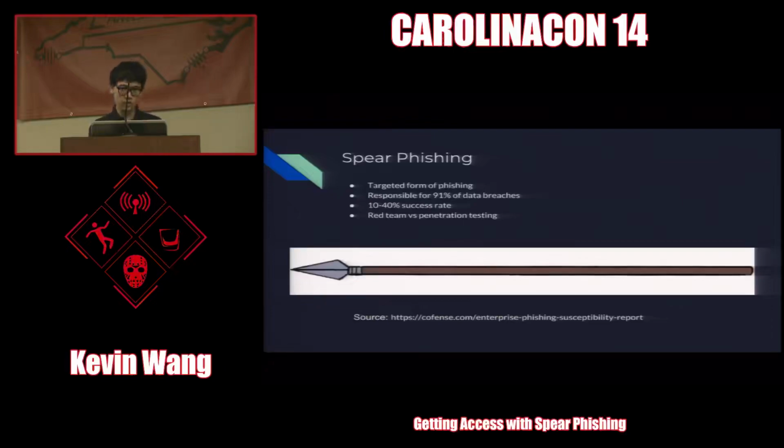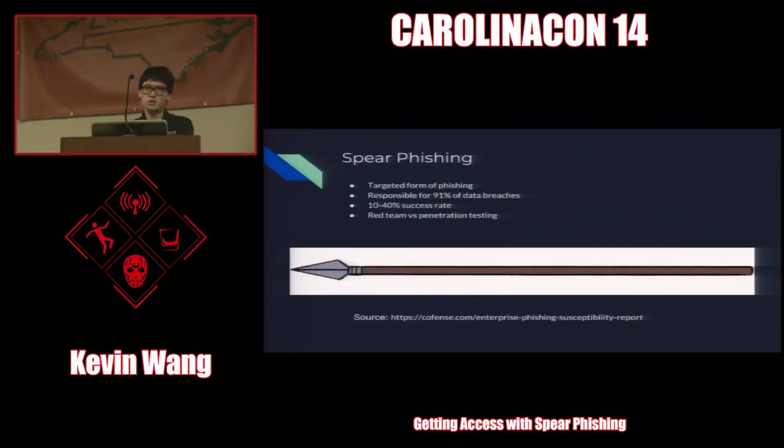Generally, even among a trained staff, people report a 10 to 40% success rate when doing spearfishing. So that's pretty significant, because if you have like 10 people, then you can almost guarantee someone will get caught.